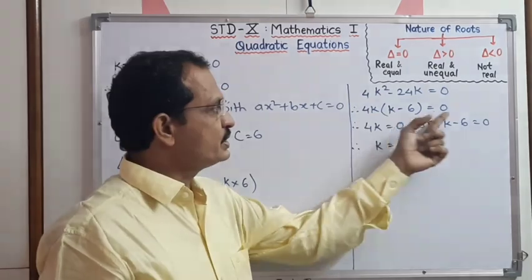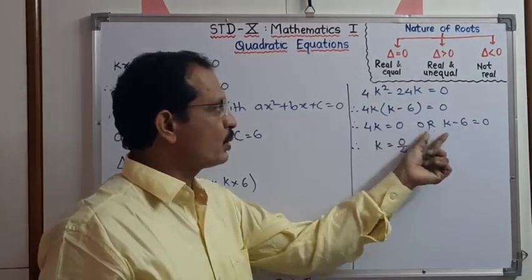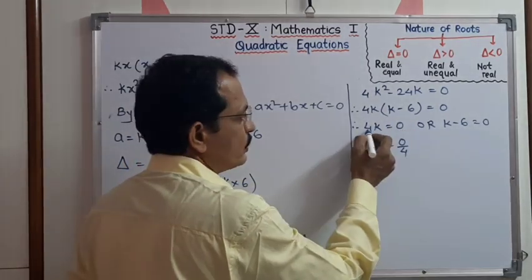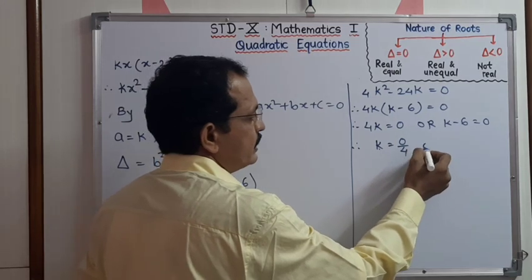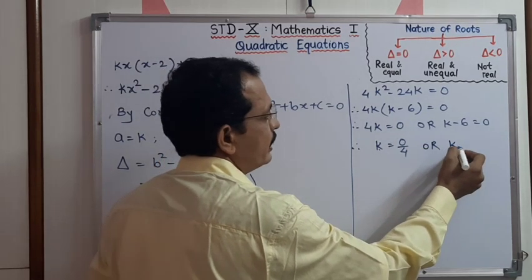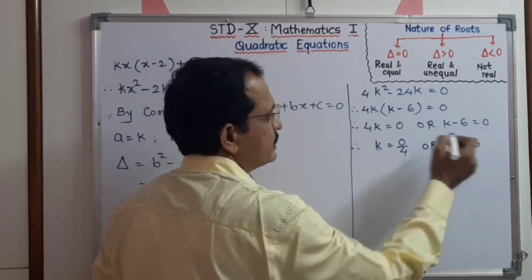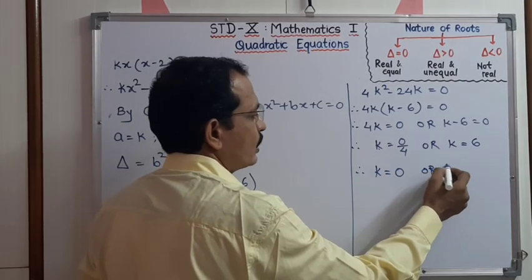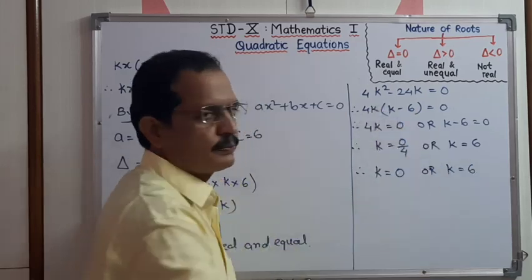Multiplication of two numbers is 0, therefore this 4k is equal to 0, or we can write k minus 6 is equal to 0. Now k is equal to 0 upon 4, and k minus 6 is equal to 0 goes on that side, so k is equal to plus 6. Therefore we got here k is equal to 0 or k is equal to 6.